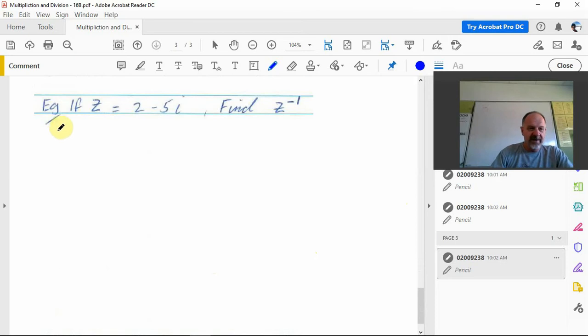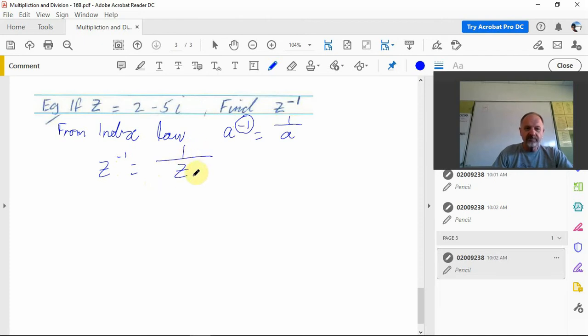From our index laws, anything to the minus 1, a to the minus 1, for example, the minus is 1 over a to the 1, of course. So z to the minus 1 is simply 1 over z, which is 1 over 2 minus 5i.